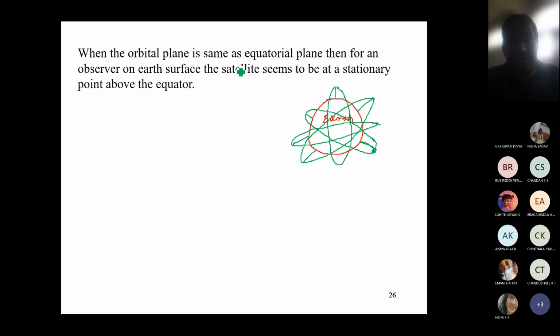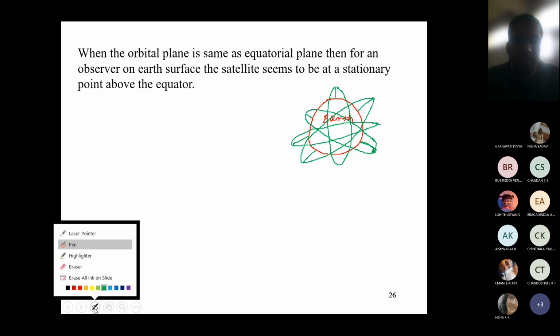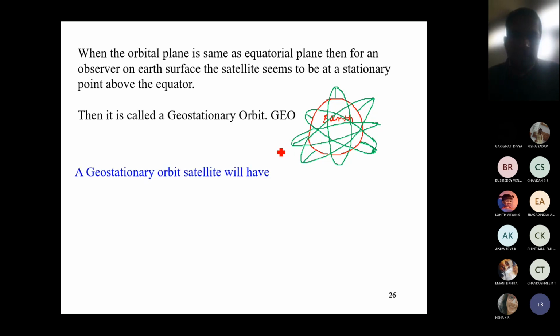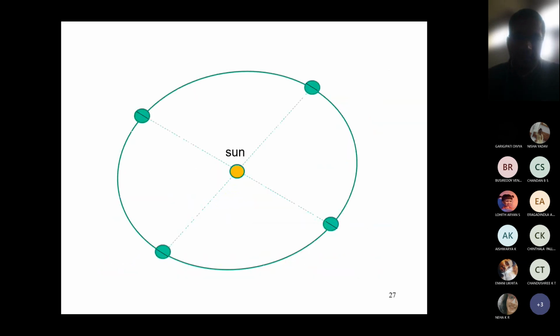So this line states that if the orbital plane is the same as the equatorial plane. Okay, so what is the equatorial plane? Let me show the Earth.